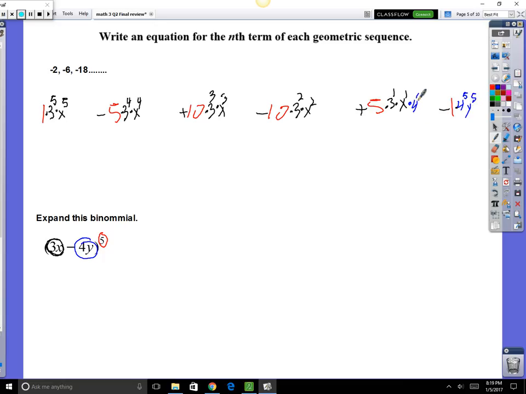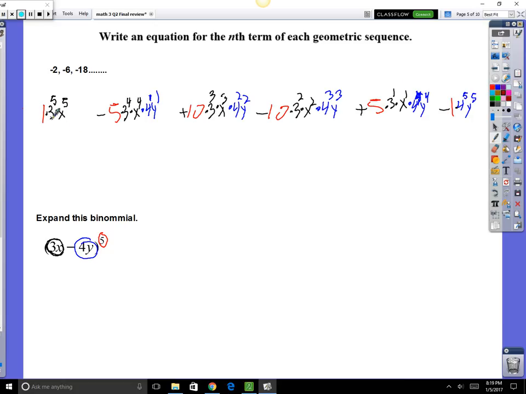So times 4 to the 4th y to the 4th times 4 cubed y cubed times 4 squared y squared times 4 to the 1 y to the 1, and then there's going to be no y's on that far left one, because they're going to be zeros, and anything to the 0 is just 1. So now you've got to clean it up.